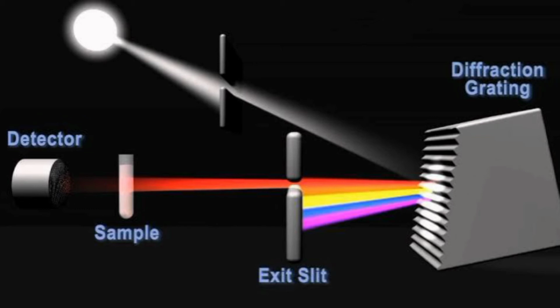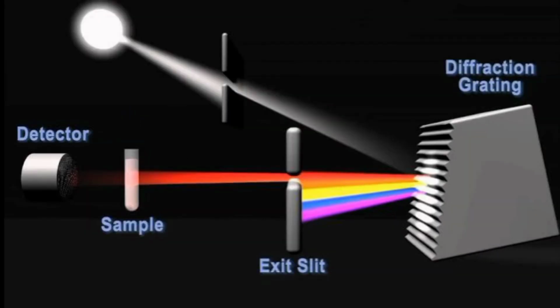One specific wavelength of light passes through the exit slit and strikes on the sample. Some of the light is absorbed by the sample and the remaining light is transmitted and hits the detector. The detector calculates how much light is absorbed or transmitted and then sends signals to the meter, and finally the meter shows readings.